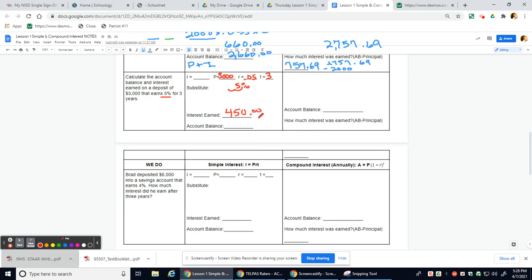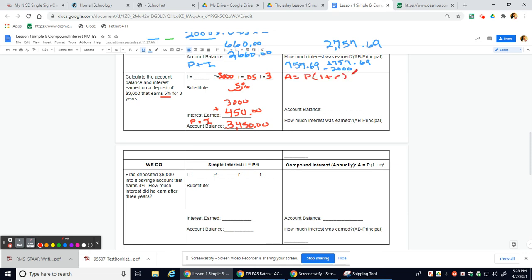So in order for me to get the account balance, I would have to take the principal and add the interest to it. So 3,000 plus 450 is going to end up with $3,450 in the account.